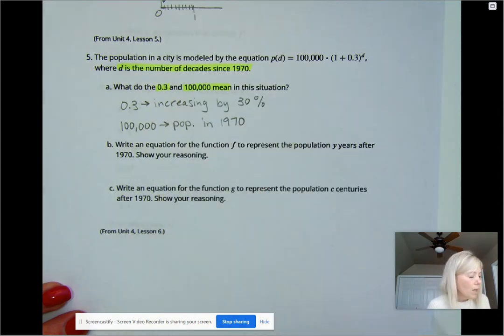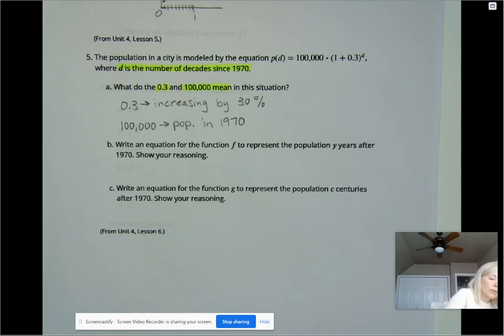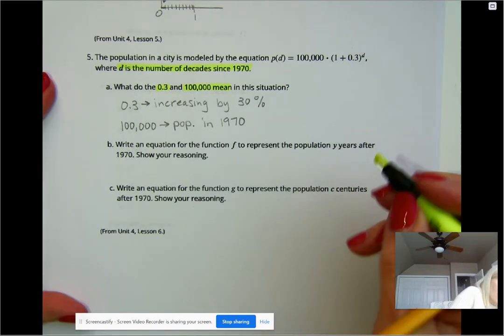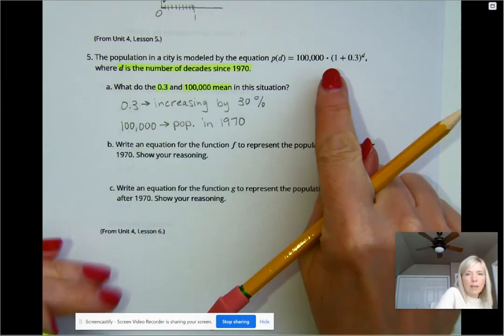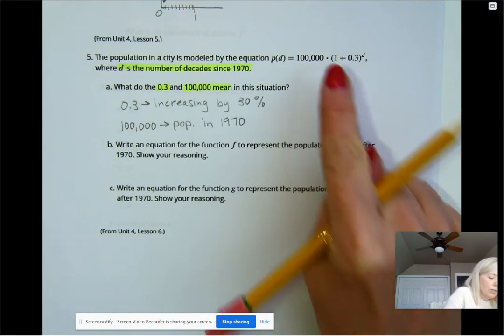Okay? Next, write an equation for the function f to represent the population y years after 1970. So now, this initial function represents decades. Now we're going to change it to years.